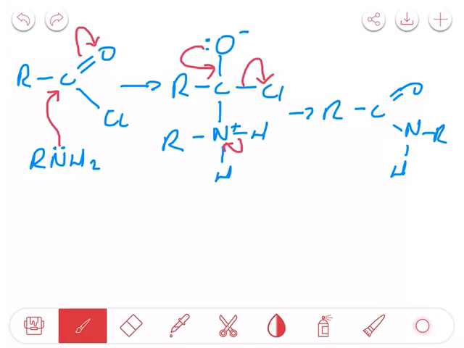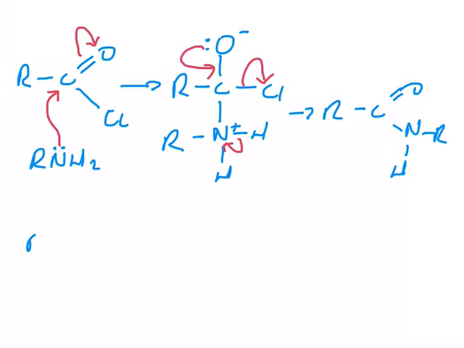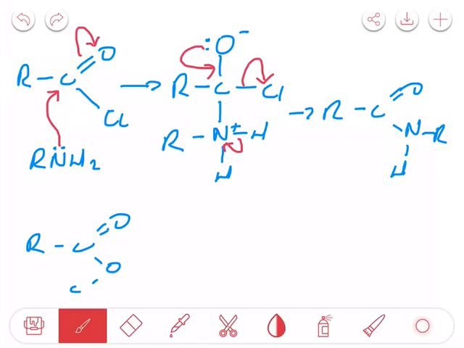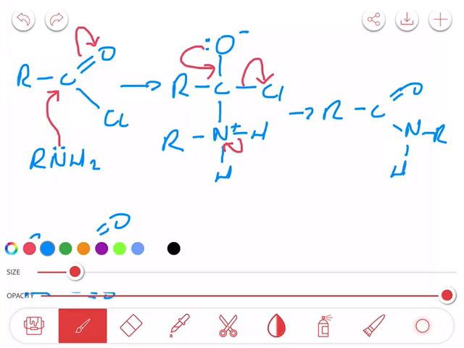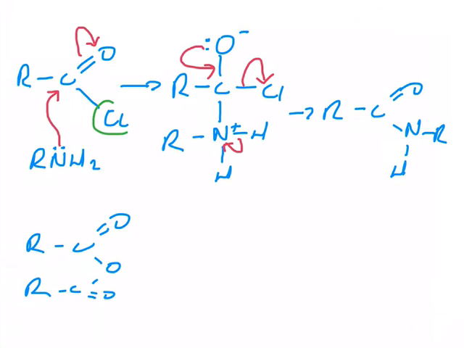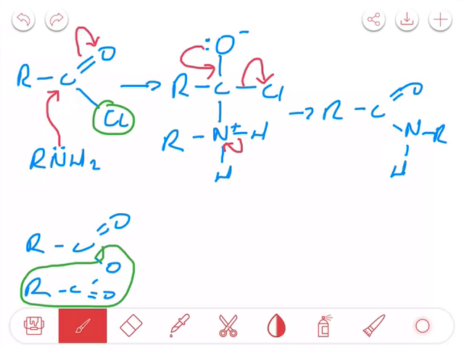And while I've got this mechanism here, now this is with the acid chlorides, it could be with an acid anhydride, and I'll just remind you of the structures of the acid anhydrides. So that's the acid anhydride, and in terms of what leaves, if you remember the chlorine leaves here, well, this is the equivalent of that chlorine in that molecule there, which means that will leave instead of the chlorine.